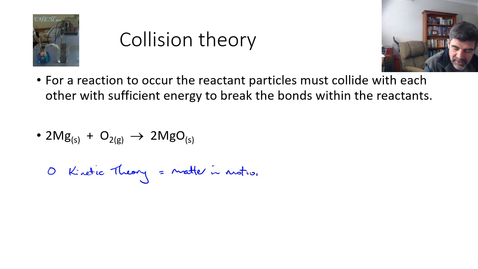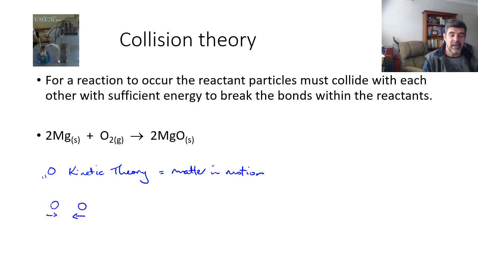So moving objects have kinetic energy, and therefore as long as we're not at absolute zero, all matter, even the particles in a solid, are going to be vibrating, and therefore they're all moving. In collision theory, we expand our understanding of kinetic theory to say that because these objects are moving, they can actually run into one another.